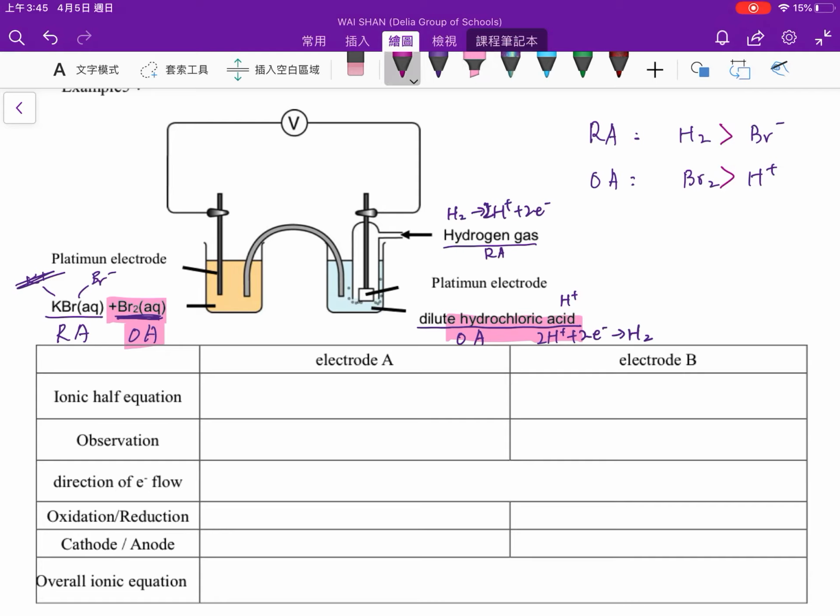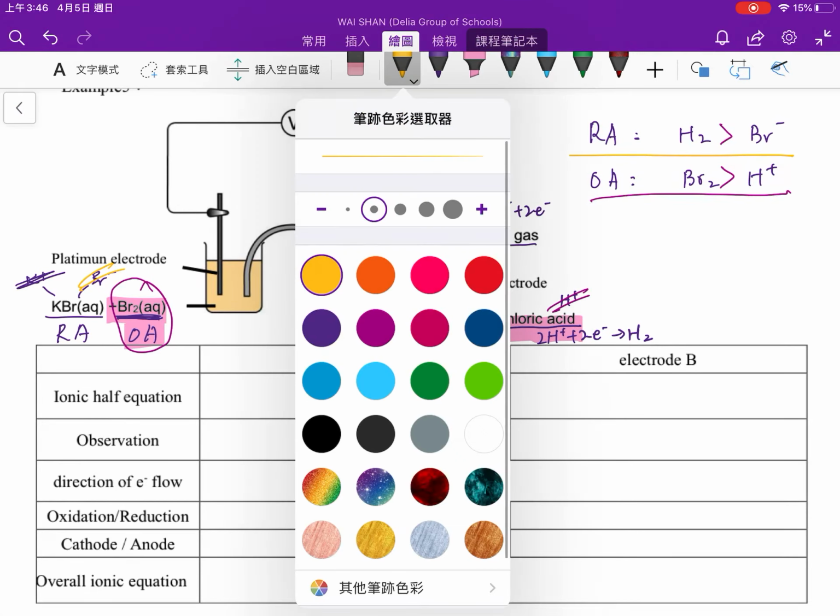Which one will take control and will be dominant? Bromine is a stronger oxidizing agent, right? So this one will be dominant and this one will not discharge. And when it comes to reducing agent, hydrogen gas will be dominant and bromide is a weaker reducing agent, so it will not discharge.